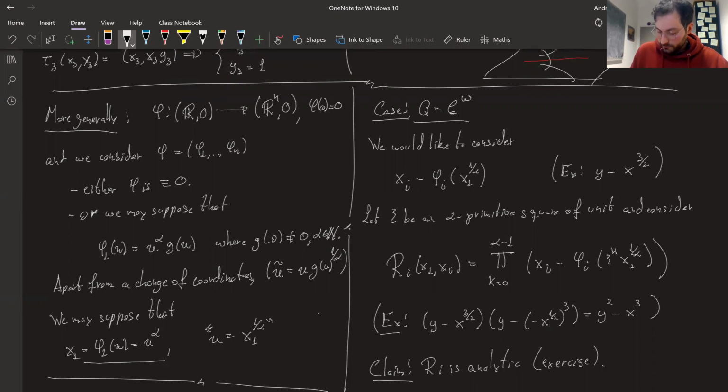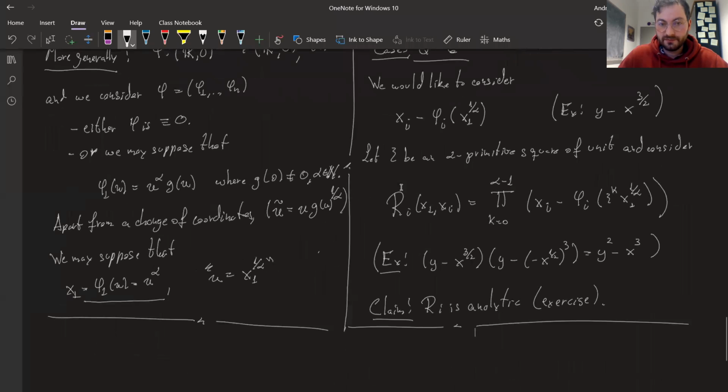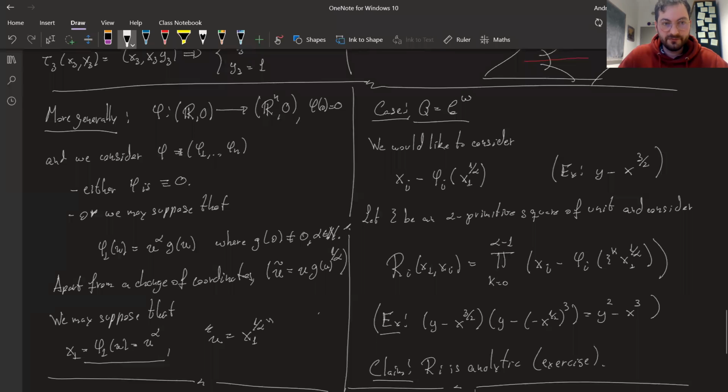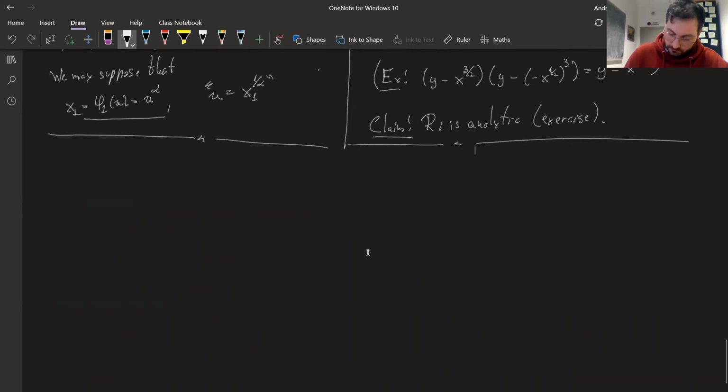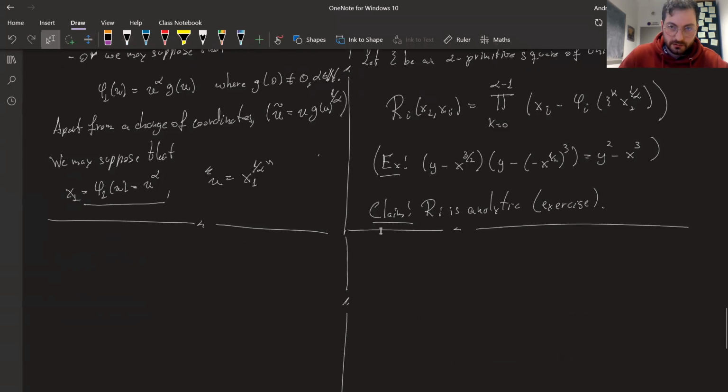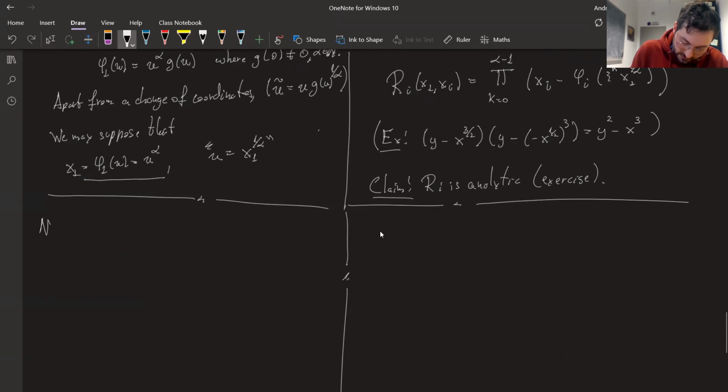So what have we done? We have found a relation in the target. What does that mean? It means that if I compose R_i with phi, I'm going to get 0. I'm going too fast now. Note that R_i composed with phi is constant equal to 0, at least at the point 0 that we are considering.